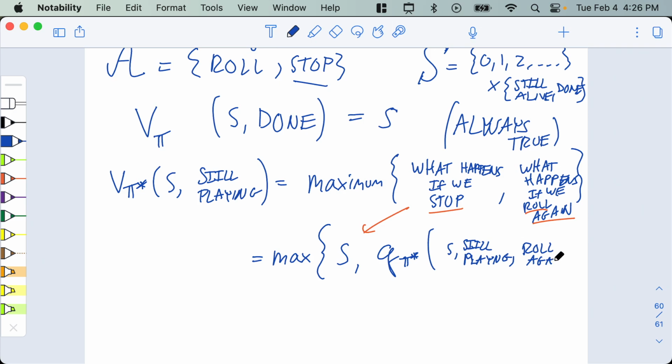I guess this s was also a q function. It's what happens when you choose to stop, but that one's easy. We already know what it is. And so now the hard part is, we got v pi star in terms of q pi star. It's not helpful. But now we take our other equation, and we can say, what is the other equation? Q pi star of (s, still playing), and you choose to roll again.